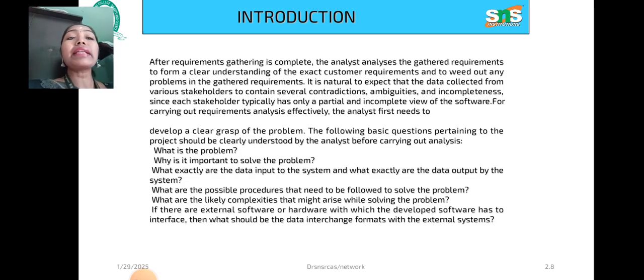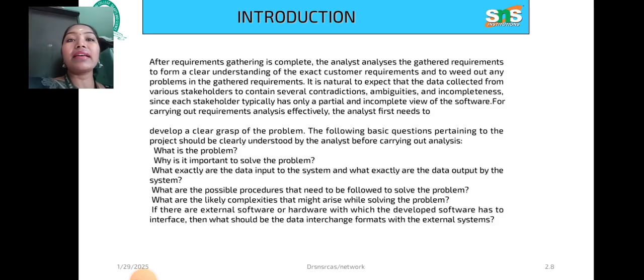What is the exact data we have to give as input to the system, and what is the output? What is the solution we can give to the customers, what are the possible procedures we need to follow to solve the problem, and what are the likely complexities that might arise while solving the problem?